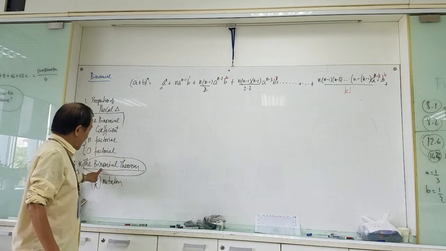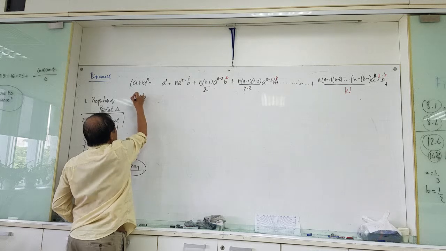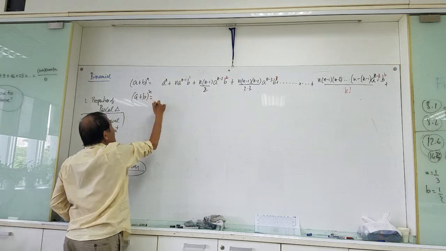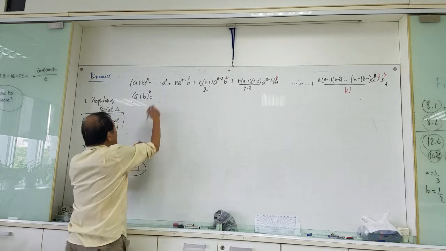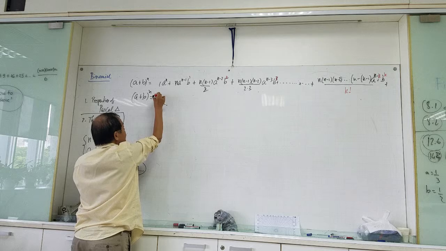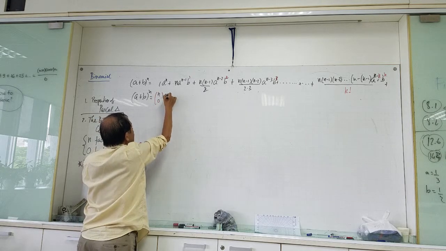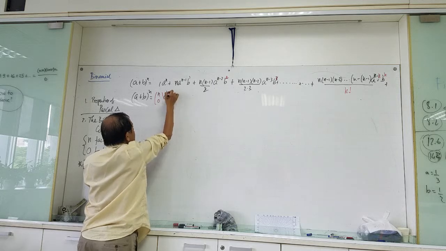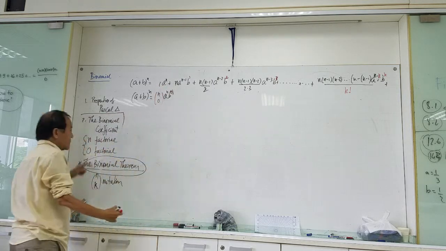So if you have a plus b to the n power, the coefficient here in red is written like this, n choose 0, okay, times a to the n, b to the 0 power. That is the binomial theorem.